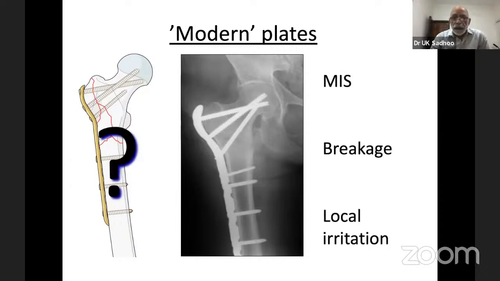So there is local irritation because the plate kind of tends to stand out, but the advantage is that you can use it as a minimal invasive option. This would be definitely one option if there is some kind of comminution and you don't want to try and knit all the fragments together, small bits, to devascularize them.